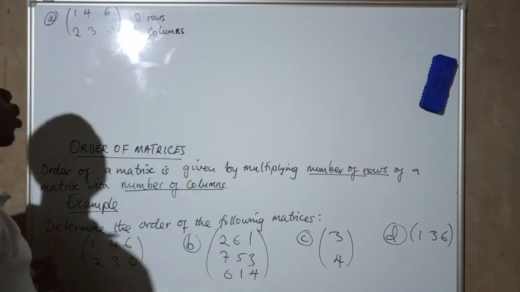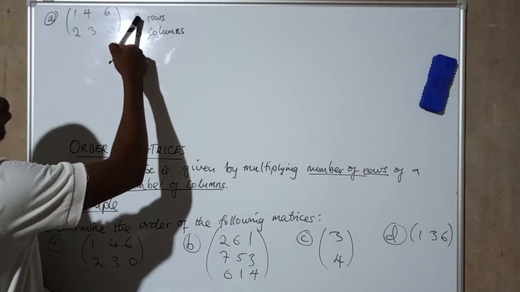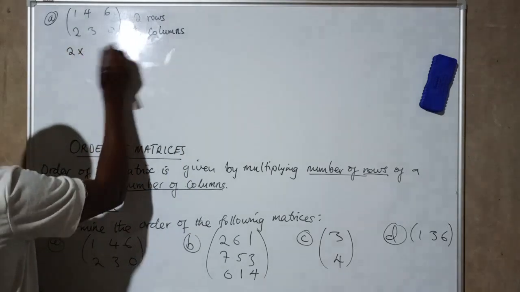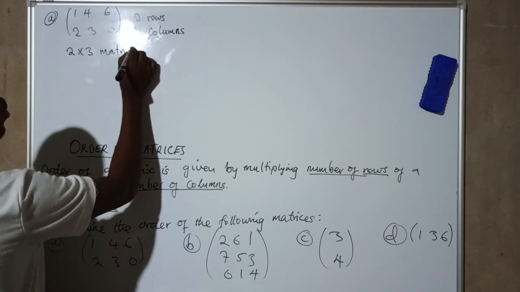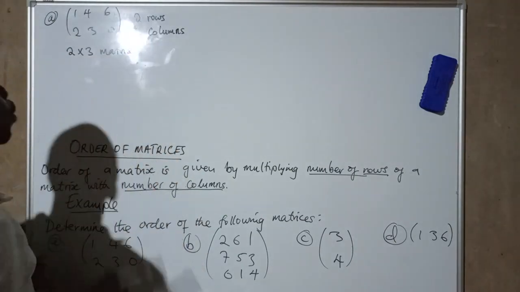To give the order of this matrix, you multiply rows by columns. So you say 2 by 3 matrix. It is a 2 by 3.